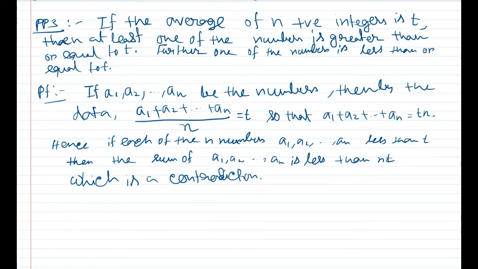Okay, so this method is called the method of contradiction. Sometimes in mathematics we prove a theorem by the method of contradiction. Okay.